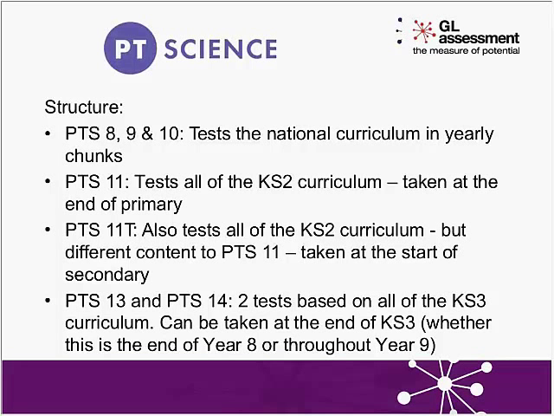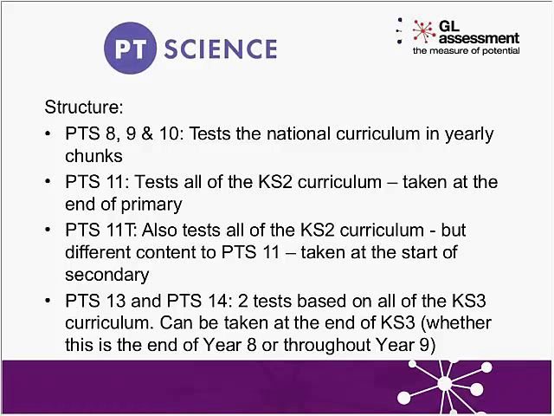With Progress Test Science 13 and 14, these are separate tests that are, as I say, based on all of the Key Stage 3 curriculum. If you have a 2-year Key Stage 3, then you'd be using the PTS 13, but if you have a 3-year Key Stage 3, then you would be using PTS 14.